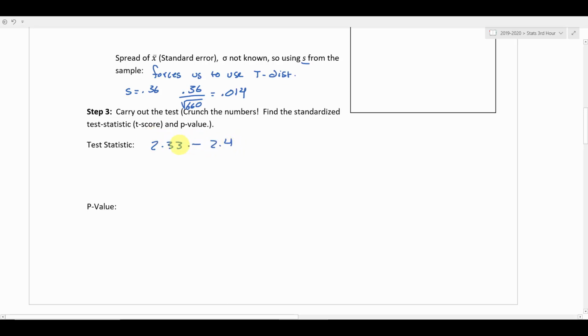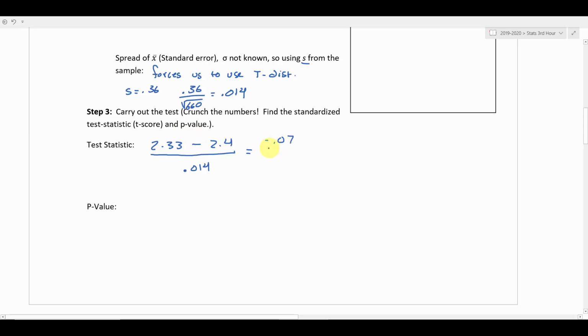And this will tell us how many standard deviations away from the expected center we are, right? So when I subtract these two in the top, I get negative 0.07 divided by 0.014, and you should get like 4.99. I'm just going to round that to -5.